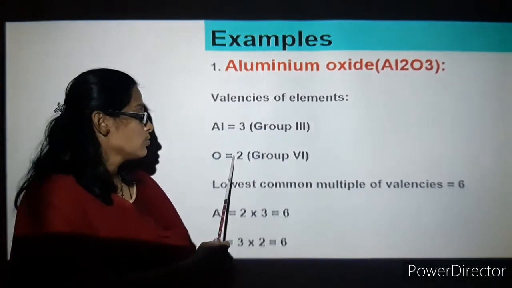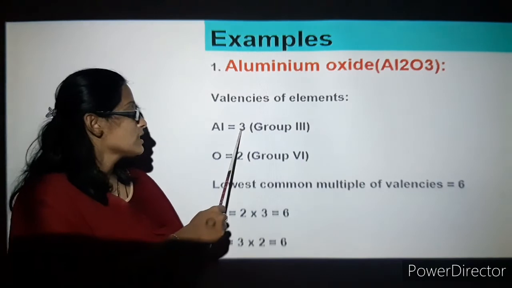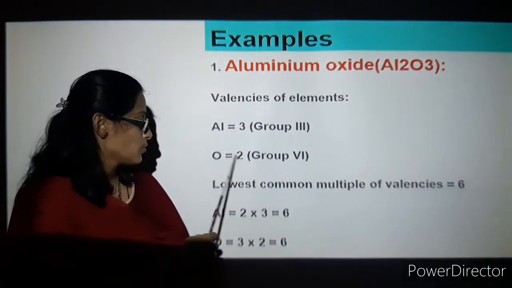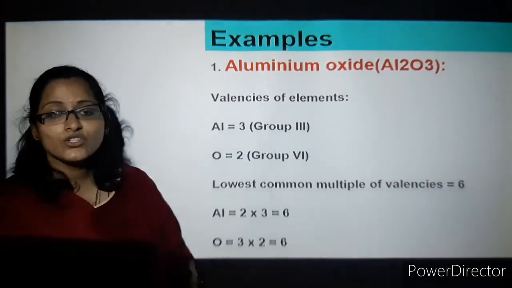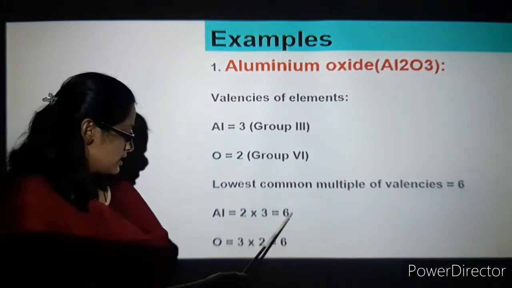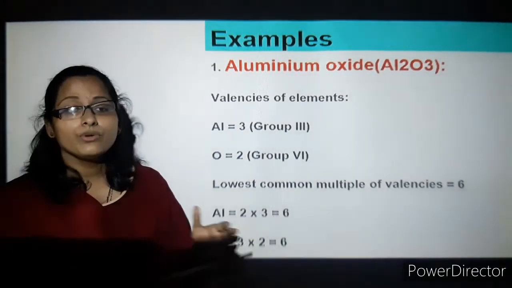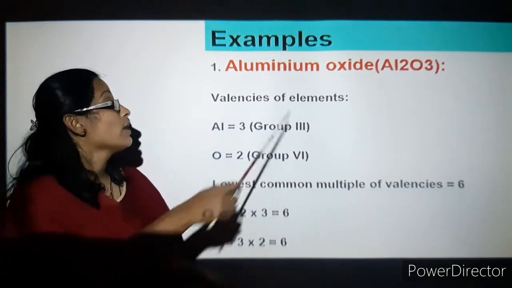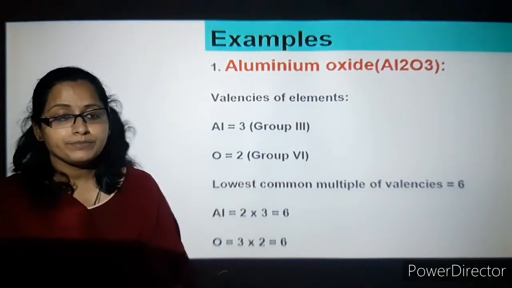Oxygen is 2, that is group 6. So aluminium's valency is 3, oxygen's valency is 2, and the common multiple is 6: 2 into 3 is 6, 3 into 2 is also 6. Now you cross multiply and you have the formula of aluminium oxide.